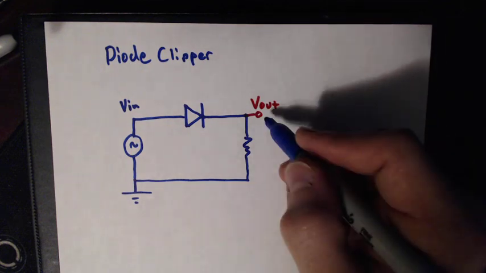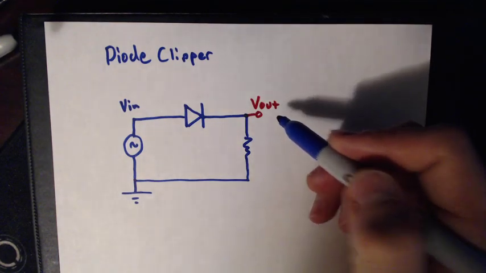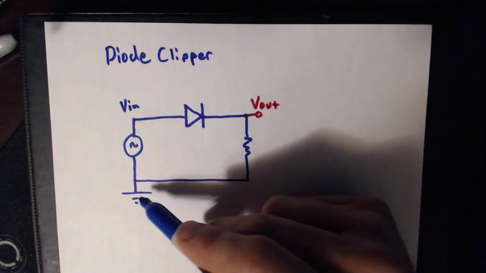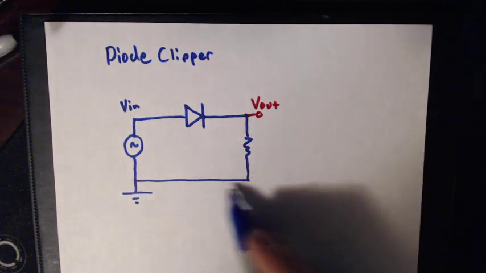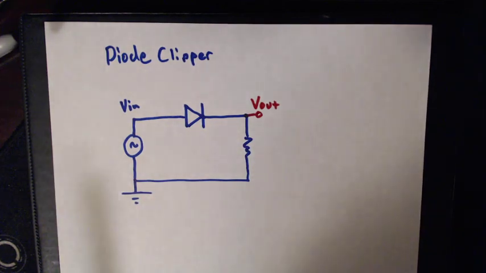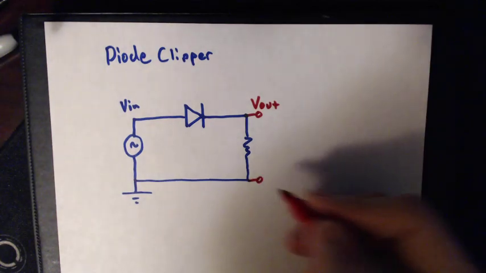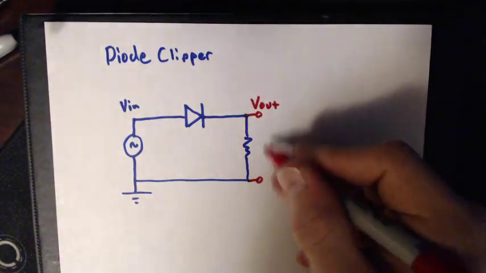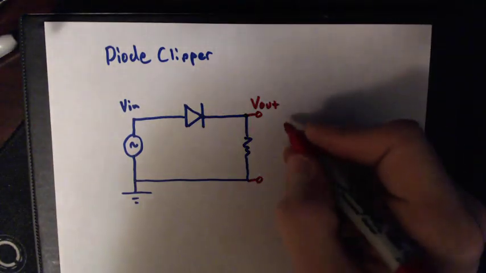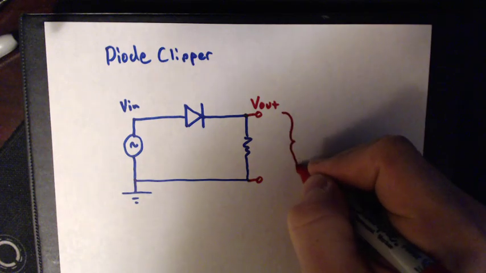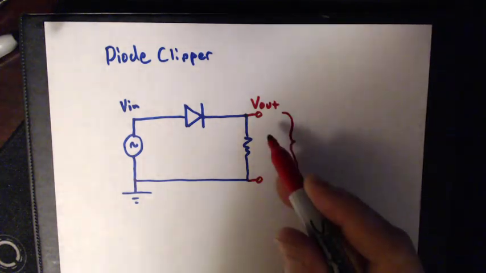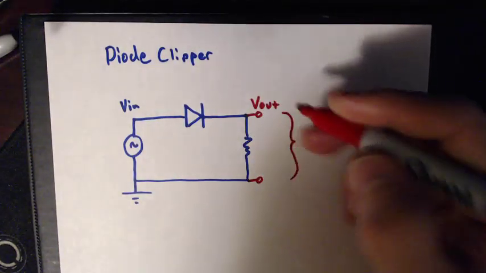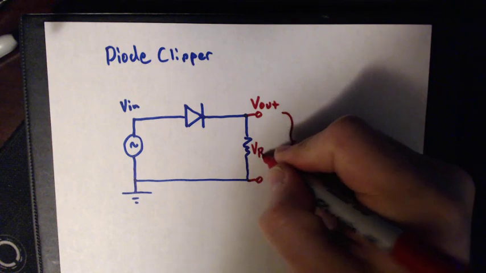In this case, I'm going to be measuring Vin and Vout. I'm going to plot those on a graph, and I'm going to be referring to both of those voltages with respect to this point down here. Now, this point down here is the same voltage all across here. So I can actually look at Vout as being the voltage between these two terminals. And if you notice, the voltage between these two terminals, Vout, is the same as the voltage across this resistor.